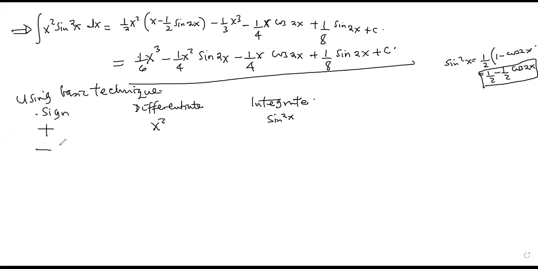When we say minus here, when you differentiate x squared, you'll get 2x. But when you integrate sine squared, it would be a half x minus a quarter sine 2x. Then we say plus.